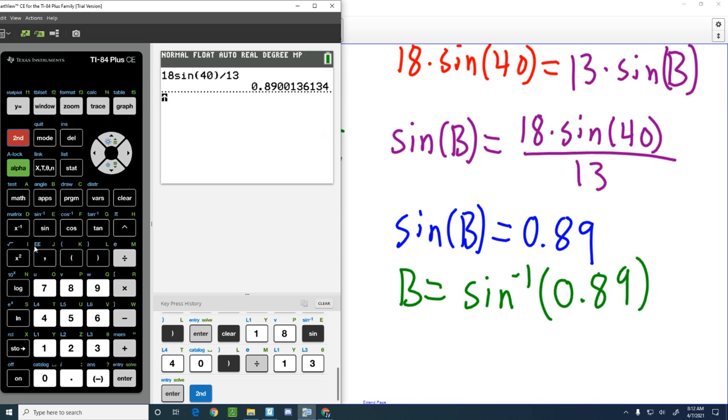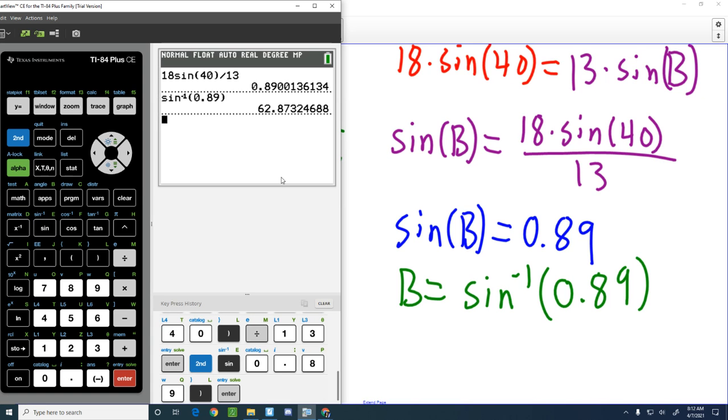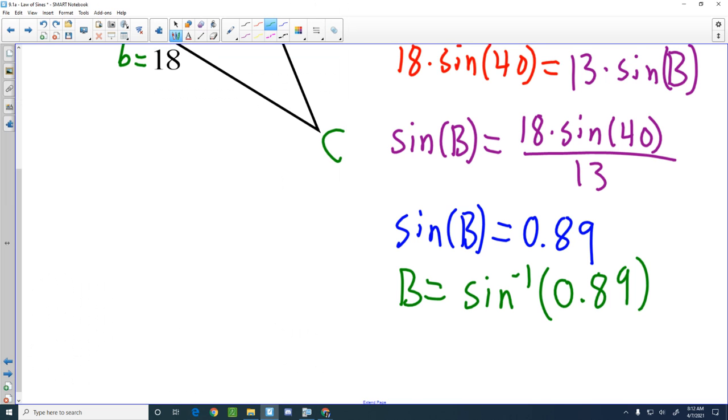And if we do that, so second sine inverse of 0.89. Anyone else get 62.9 approximately? So then B is approximately 62.9 degrees.